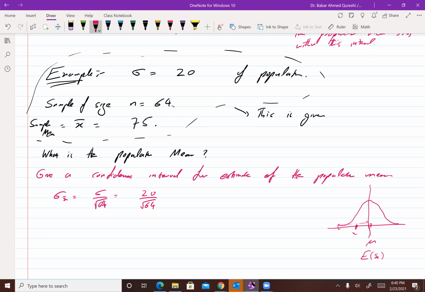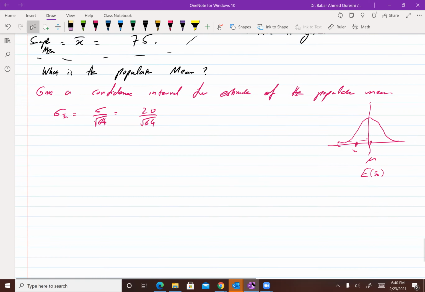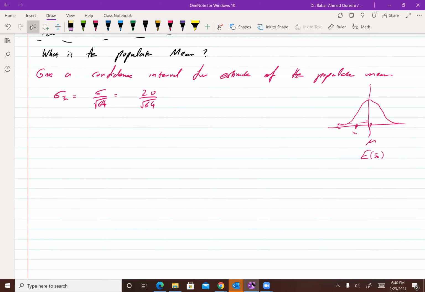So we can compute a 95% confidence interval using this distribution. And then we will be 95% sure that this interval will contain the true mean. So how will we do it?